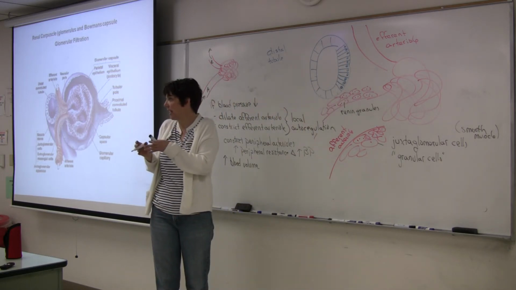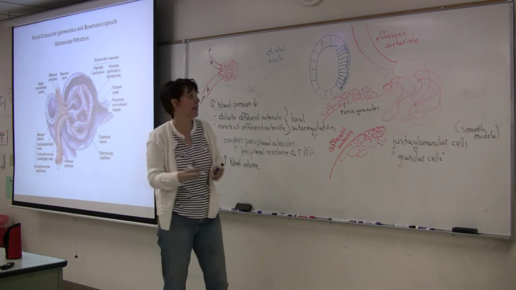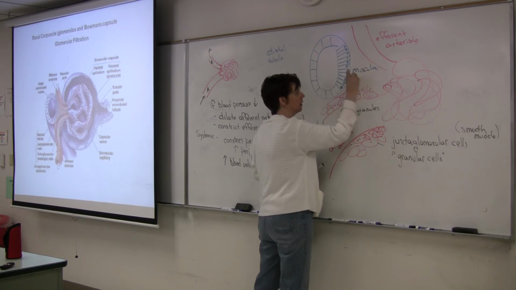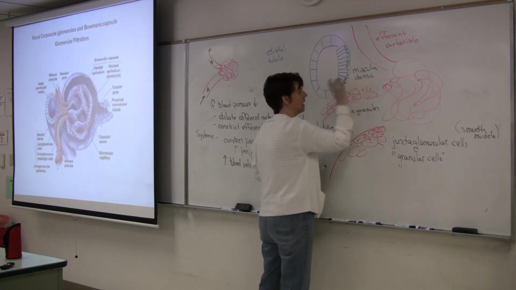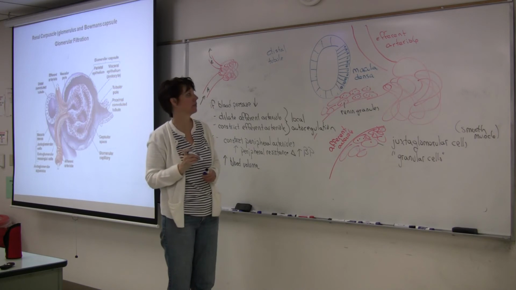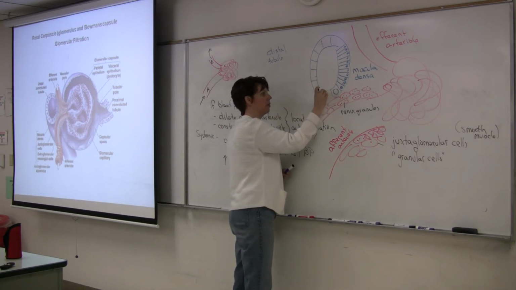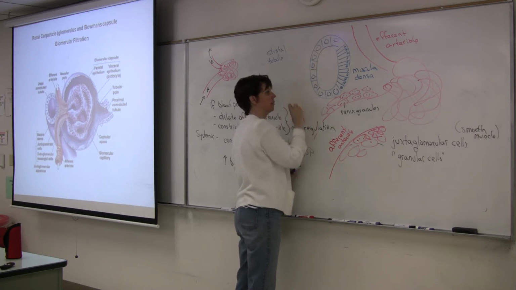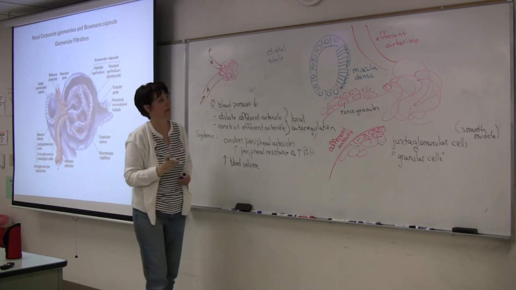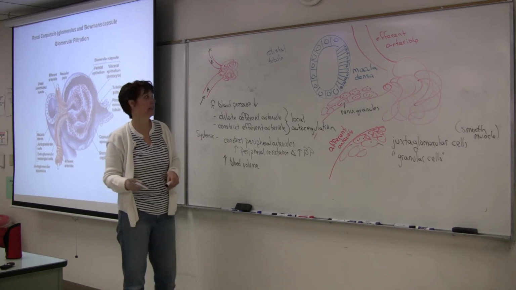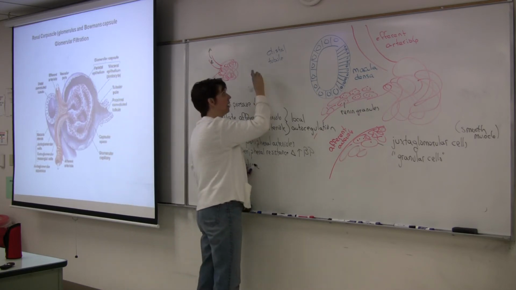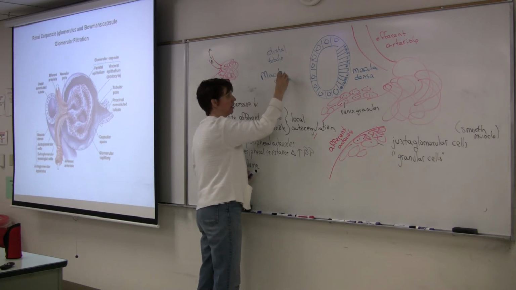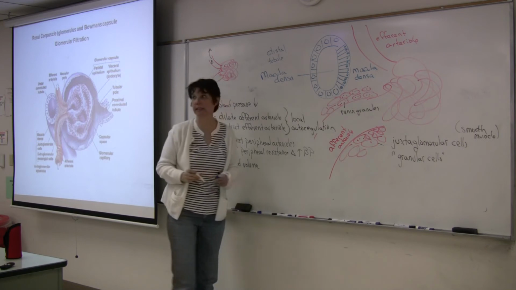Because it's narrow, the nuclei are very close together. And so this is identified as the macula densa. The rest are just the normal simple cuboidal cells that we have in the distal tubule. So the macula densa is the second component of our juxtaglomerular apparatus.